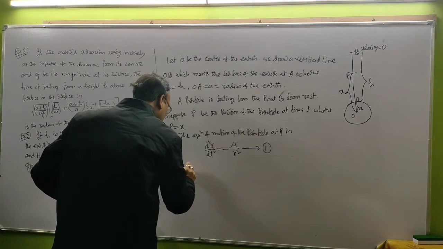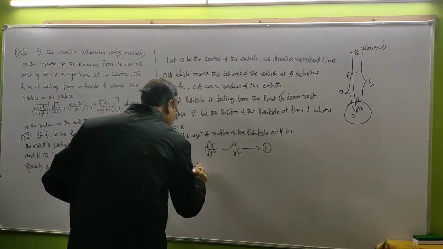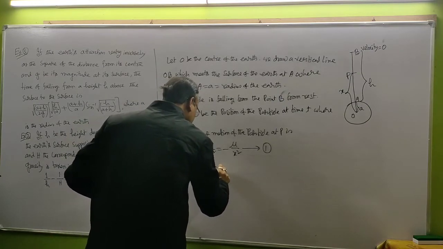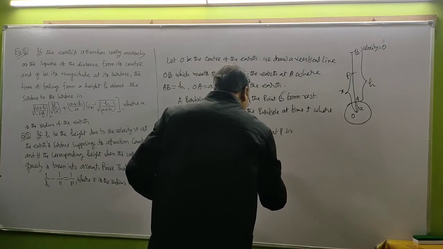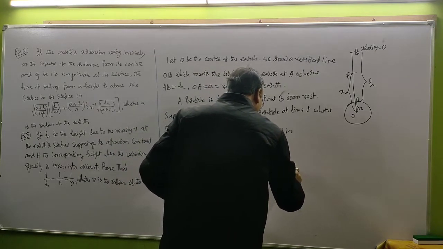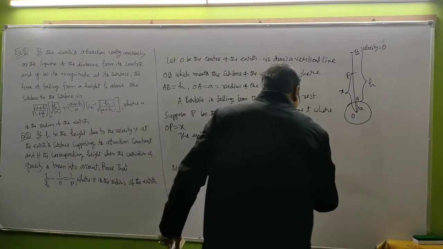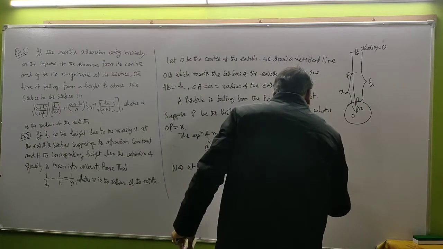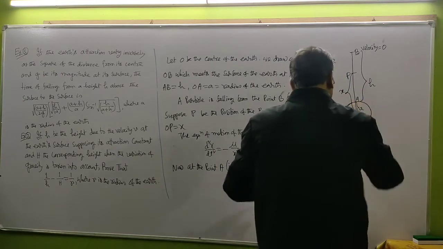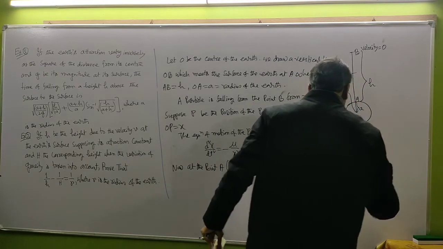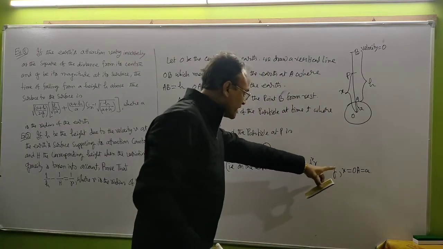At the point A, on the earth's surface, d2x by dt square equals minus g, where x equals OA, which is equal to a. Putting acceleration equal to minus g and x equal to a.